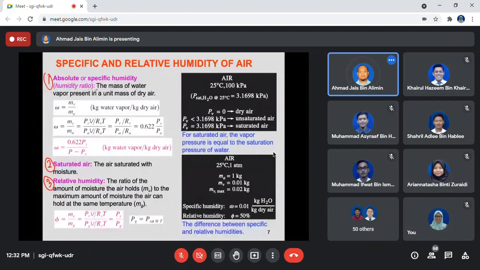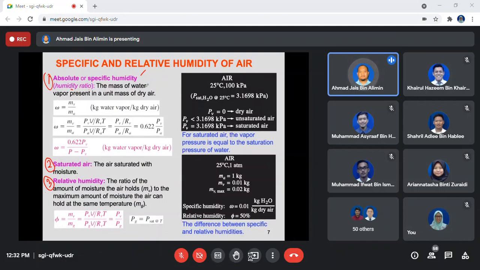So when you have your questions or your tasks dealing with mixtures, if you have been given the humidity ratio as the term that you need to analyze, then basically you're talking also about the specific humidity or the absolute humidity.